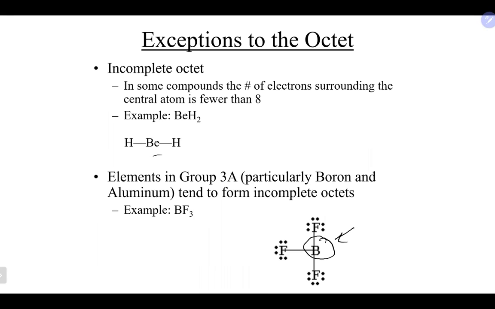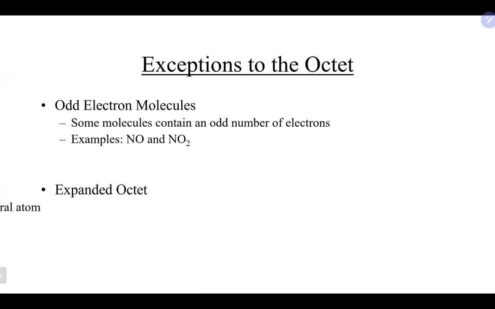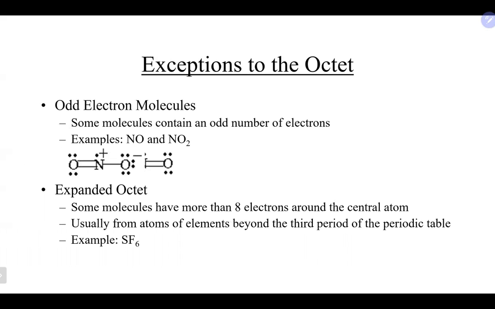As you can see with BF3, boron is perfectly fine with just 6 electrons, and it doesn't need to make double bonds or triple bonds to fix it. It is an element that is okay with less than 8 electrons around it. And like I said, boron is probably the typical one that you see most of the time for that exception.